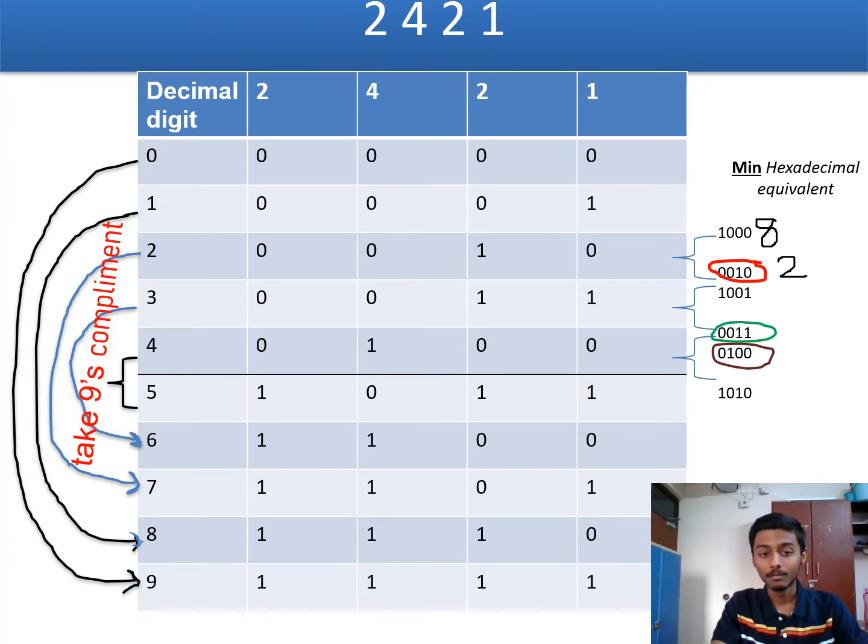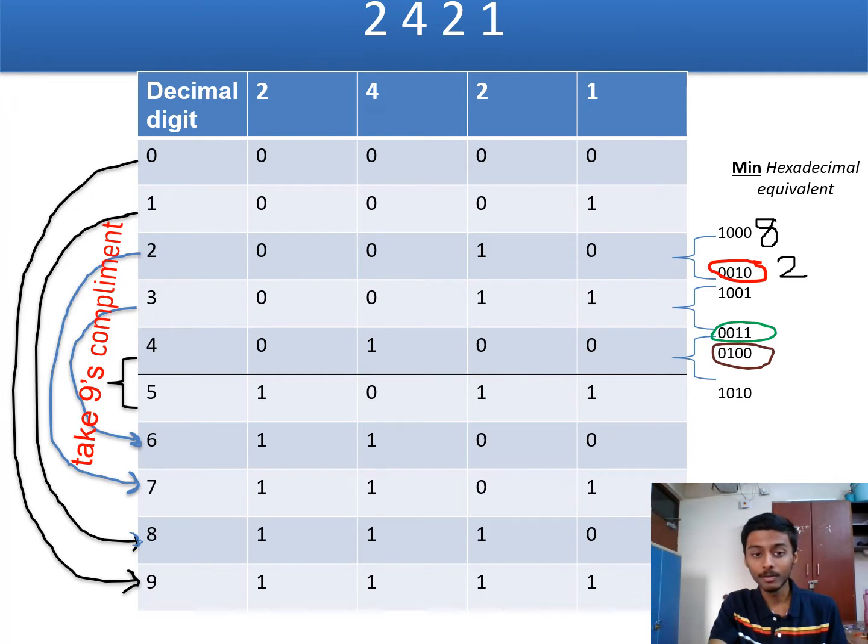Now we consider an imaginary line after 4, and the numbers after 4, that is 5, 6, 7, 8, we start pairing with the decimal number in its mirror position.